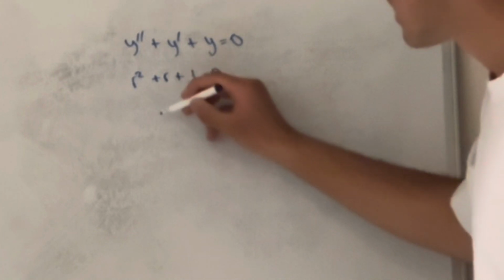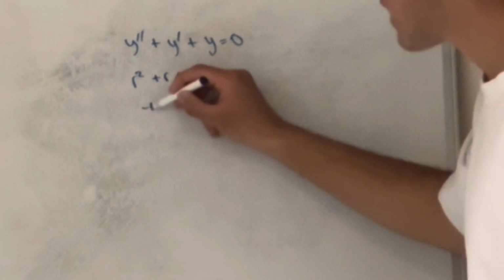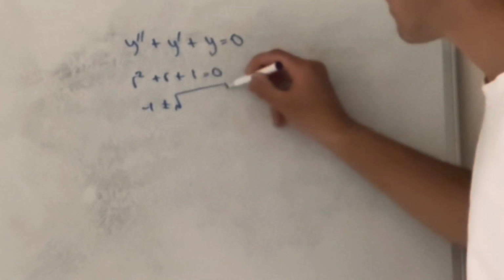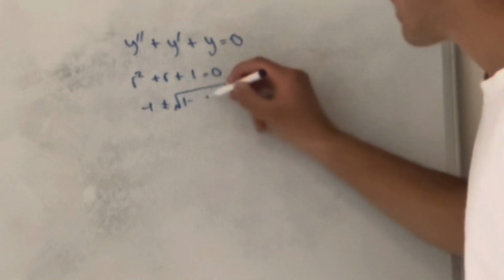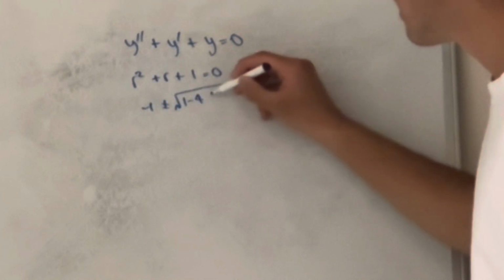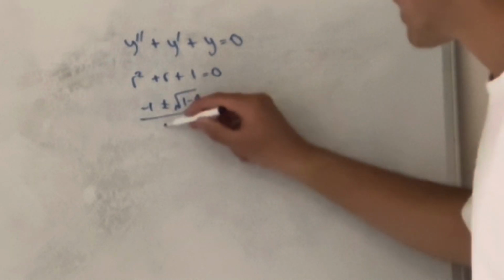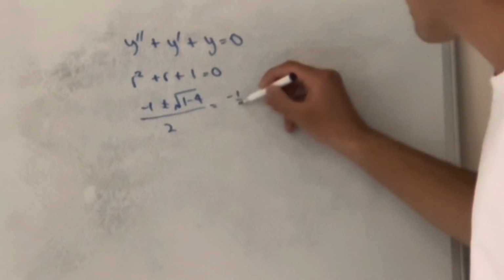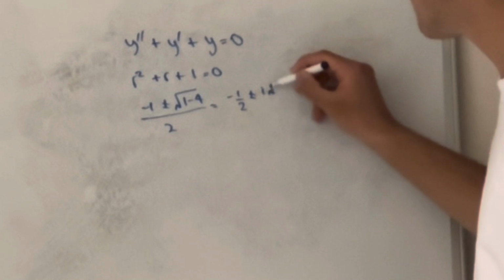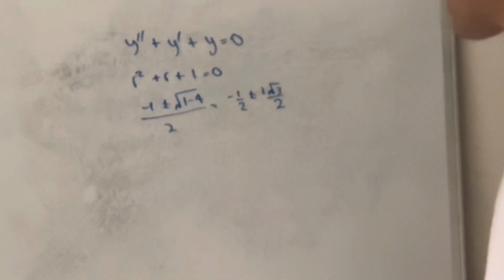Find the roots. We can use the quadratic formula here. It will be negative 1 plus minus the square root of b squared, which is 1, minus 4 times 1, so minus 4. This is just negative 3, divided by 2. So this is negative 1/2 plus minus i root 3 over 2.